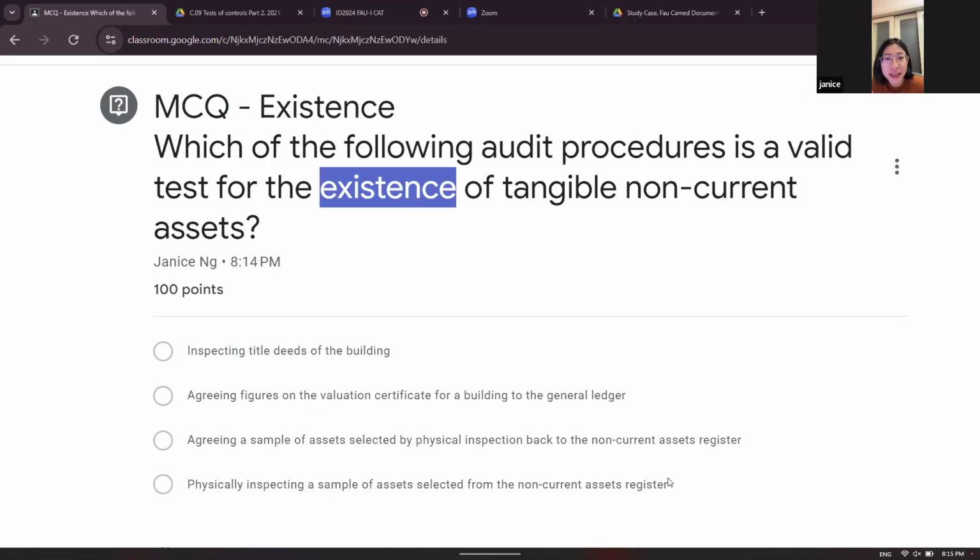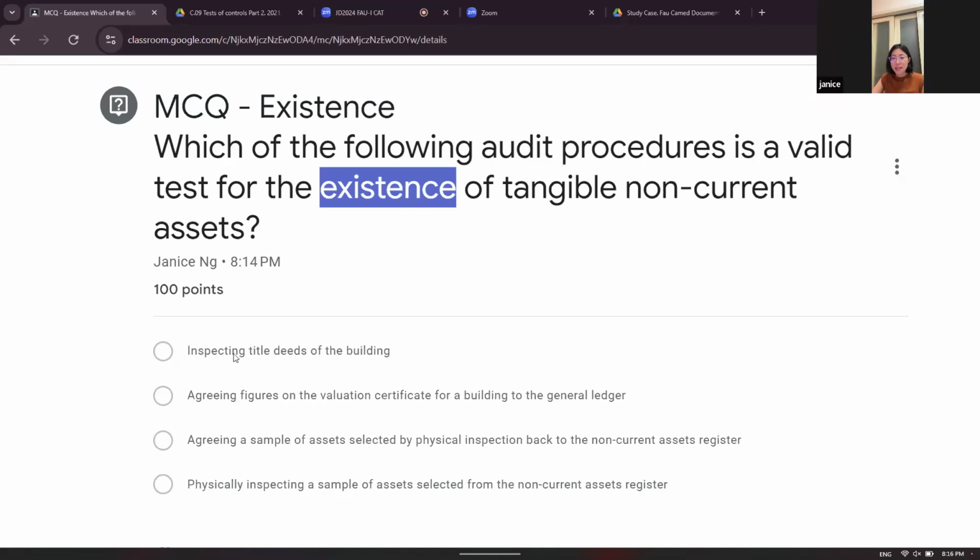So which one help us to verify existence? Okay, Sokon says D. How about the others? As well? Okay, so let's have a look.